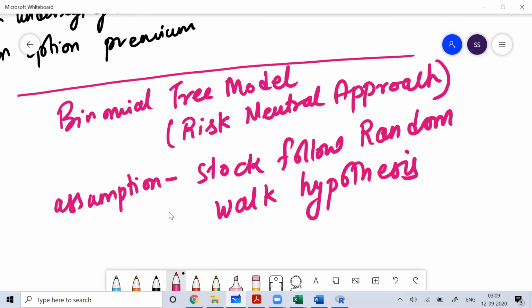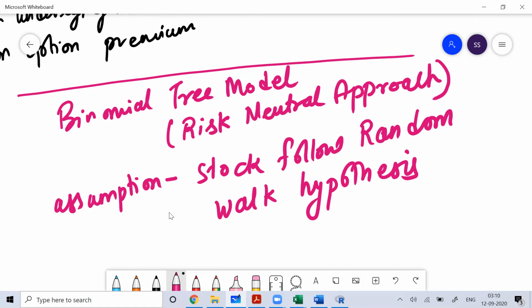In this, as the time step becomes smaller, the model leads to a lognormal distribution for the stock prices, which follows the Black-Scholes model. Basically, the binomial tree model works on the concept of risk neutral valuation, which is based on the work of a few economists like Cox, Ross, and Rubinstein.